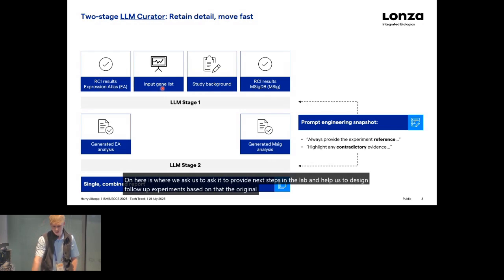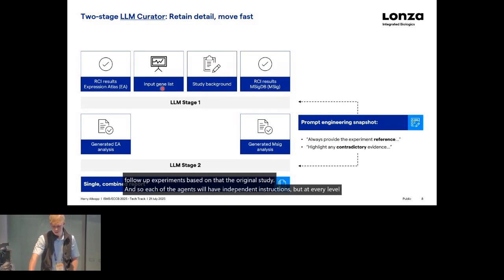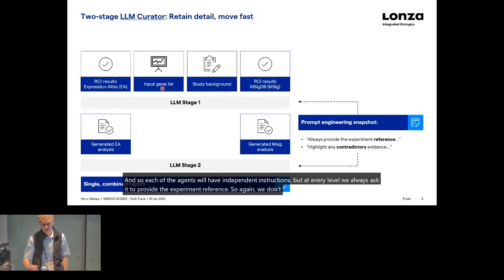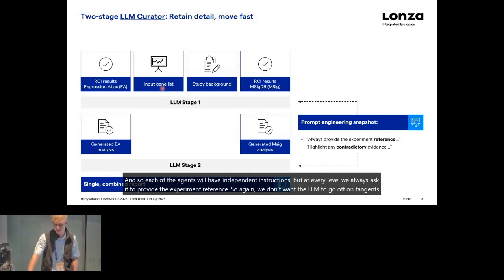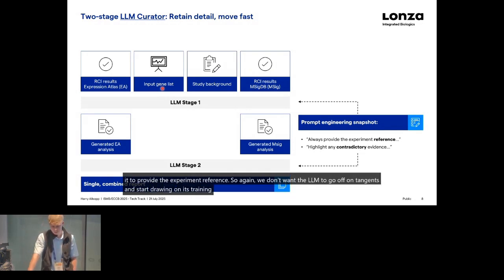And so each of the agents will have independent instructions. But at every level, we always ask it to provide the experiment reference. So again, we don't want the LLM to go off on tangents and start drawing on its training data. So we ask it to always reference studies from the original input data sets.